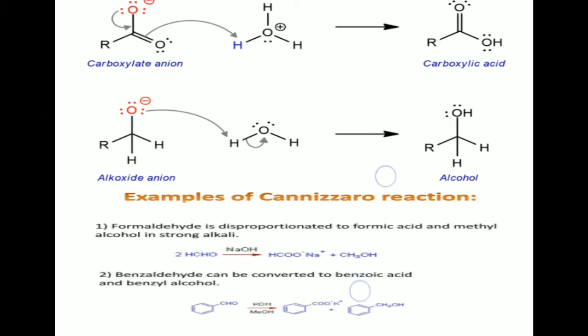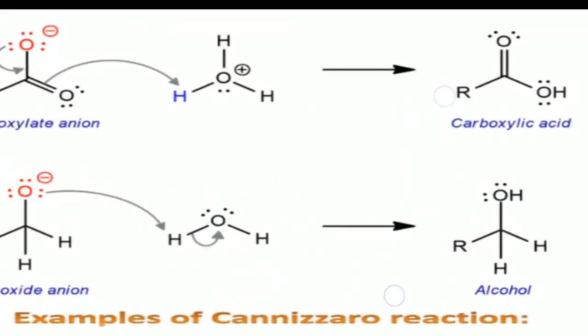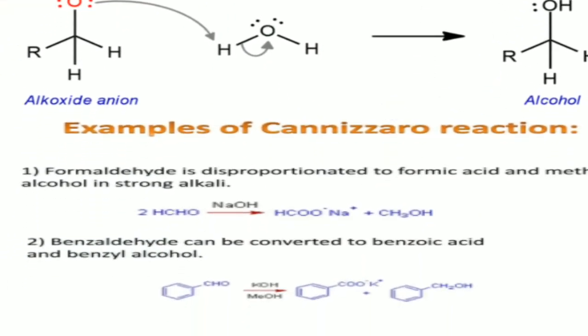Here a few examples are also given for Cannizzaro reactions. If two molecules of formaldehyde react with sodium hydroxide, one molecule converts into the formate ion, HCOO minus. By reaction with the sodium ions, it will form sodium formate.